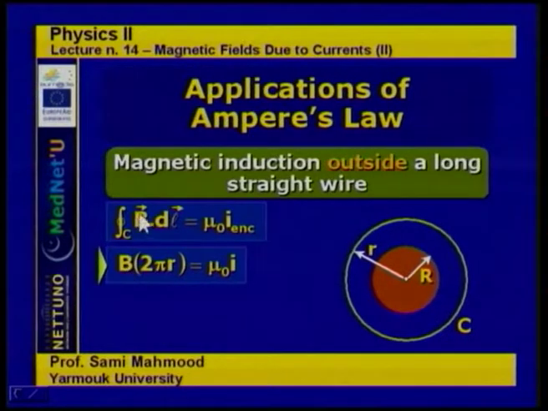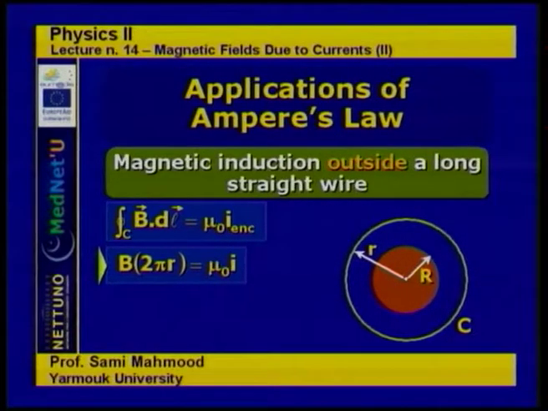That means this magnetic induction has a constant magnitude, and the direction is in the direction of the path. As we have mentioned before, the magnetic field has a direction that goes around the current carrying wire, with the direction of the fingers of the right hand if we point the thumb in the direction of the current.